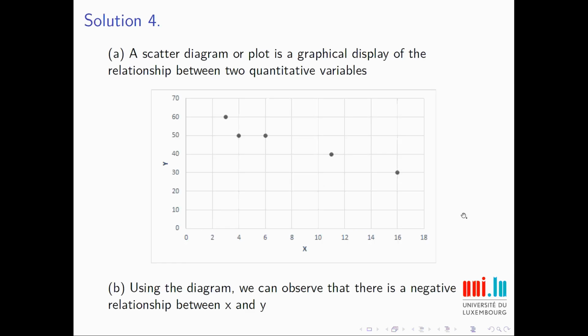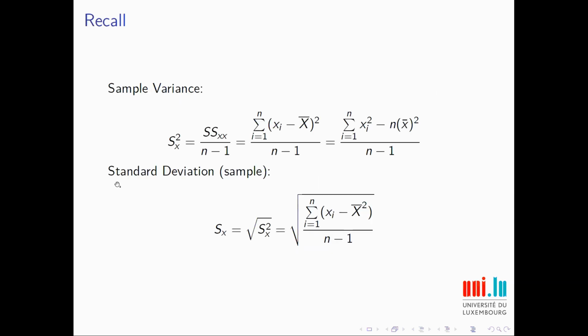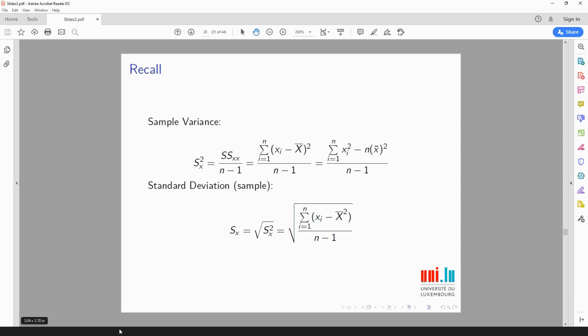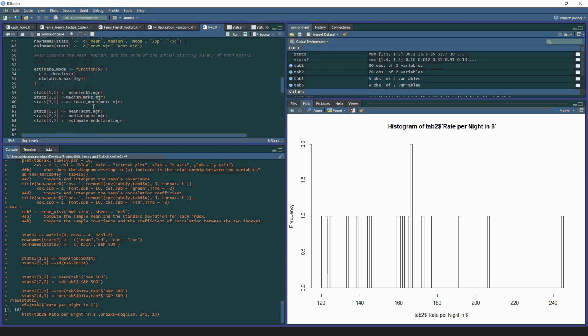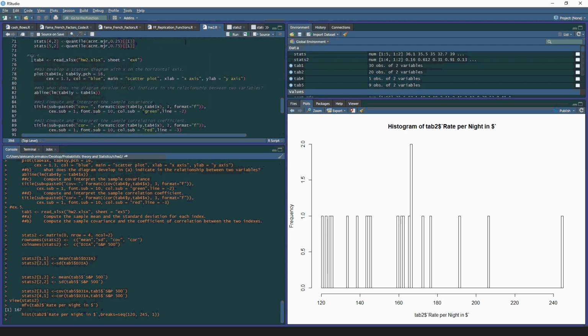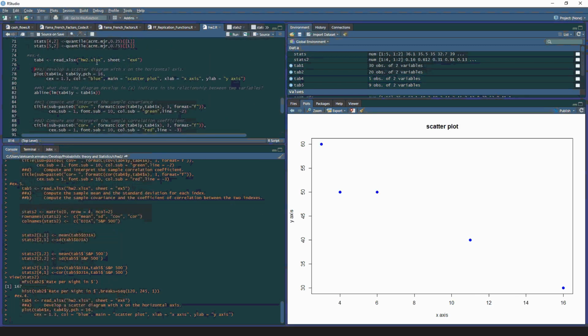Okay, so this is a scatter diagram. I think you all know how to do this: you just draw the x-axis, y-axis, and put all your points on these axes. Also, I would like to share with you the fourth exercise.